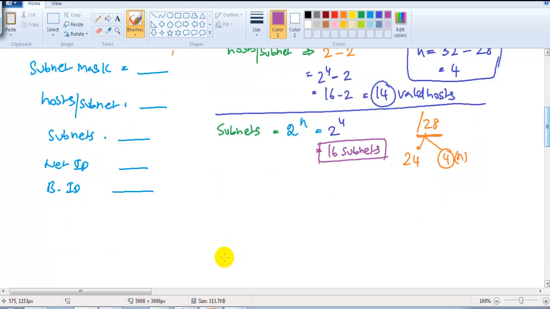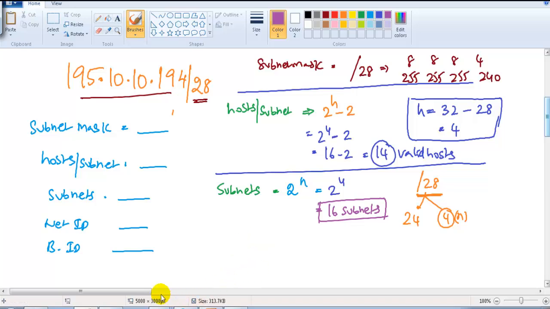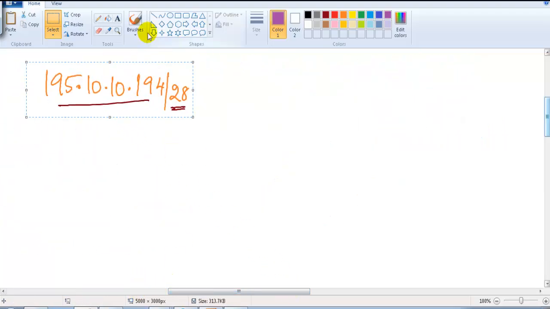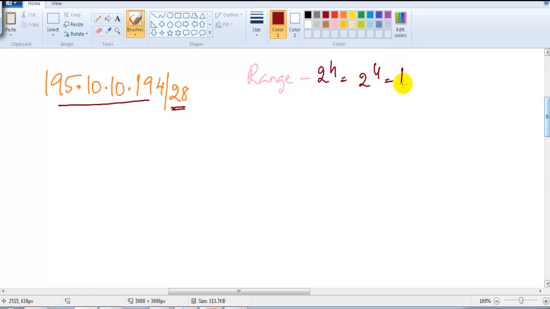And the next thing is we need to find the network ID and the broadcast ID. To find them, let me take this address here. This is our question. To find the network ID and the broadcast ID, we need to know how to write the range. The range is always written based on the 2 to the power of h value. Here the h value is 4, that is 16 is the size of the network.